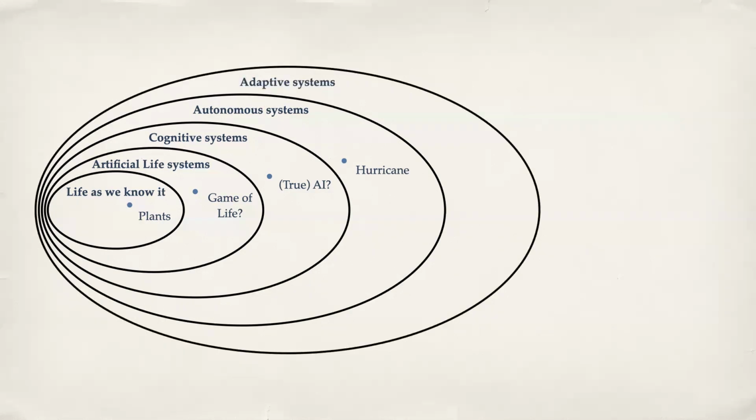Adaptive systems. With adaptive systems, I mean systems that are not necessarily autonomous, so they don't need to determine their own individuality, but they can adapt to some external disturbance from the environment. They don't need to generate their own individuality, so it means that we can build them.